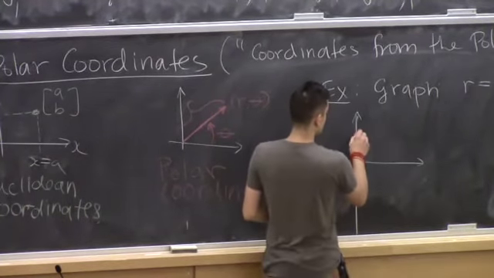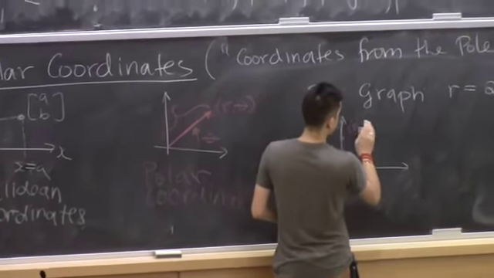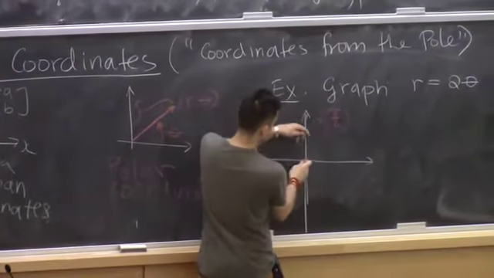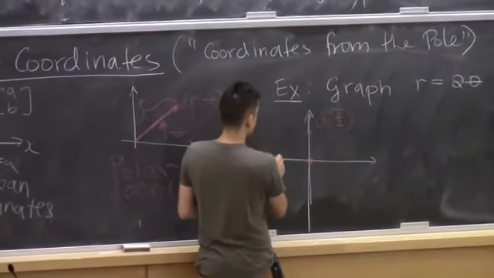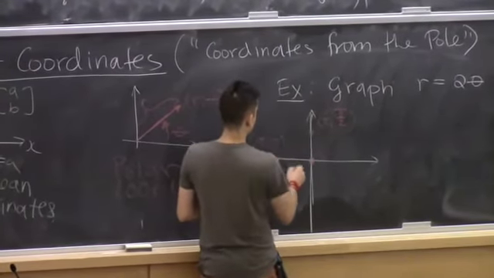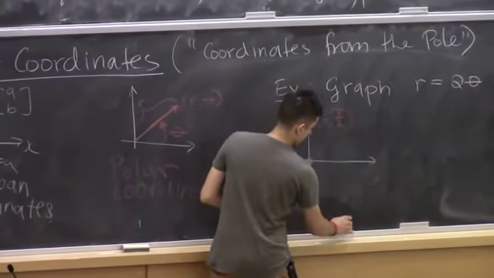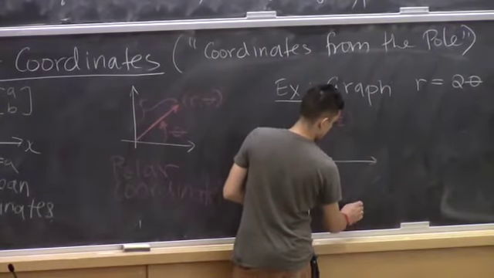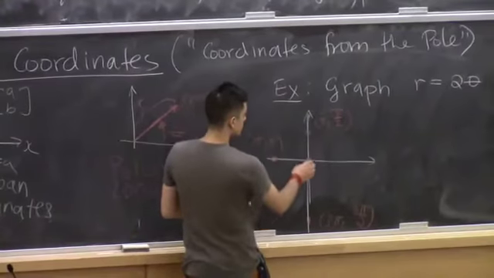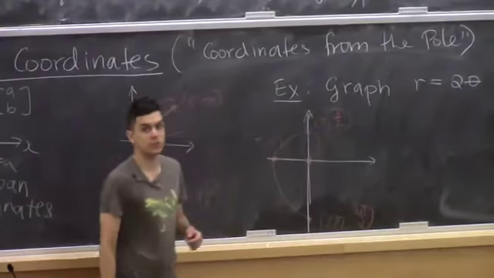So when we get to here, we will reach the point pi by 2. When we get to here, we'll reach the point 2 pi, pi, 3 pi by 2. So what this will look like is some kind of spiral that's coming out of the origin.